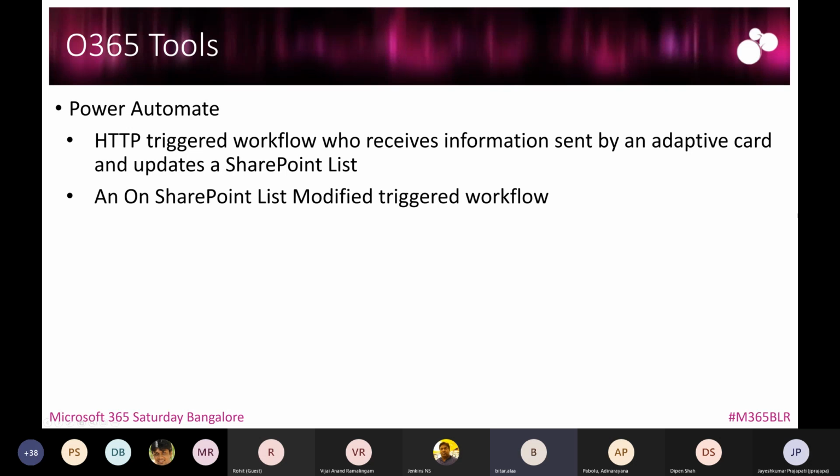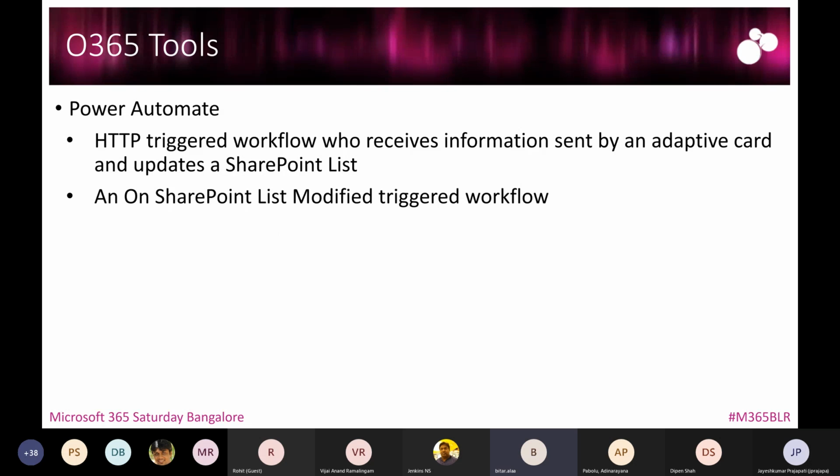So I can read information that was sent from the adaptive cards and then maybe update a SharePoint list. For example, I update the SharePoint list, so I set a different status. In this SharePoint list item, I can fill in the information that was sent by the adaptive card, and then I can have another Power Automate workflow that is triggered every time a specific SharePoint list is modified.